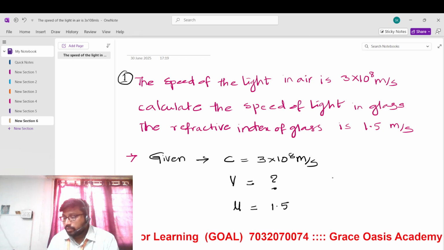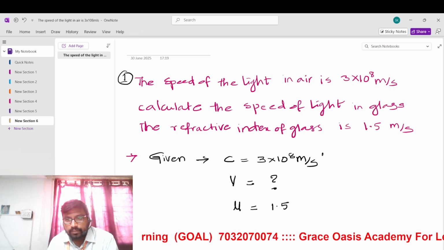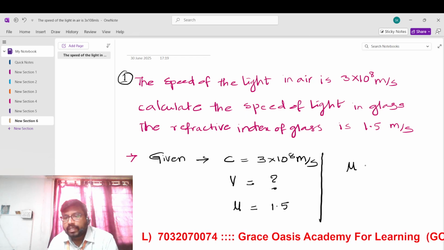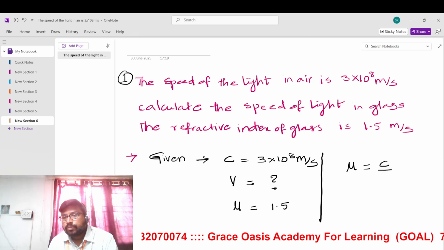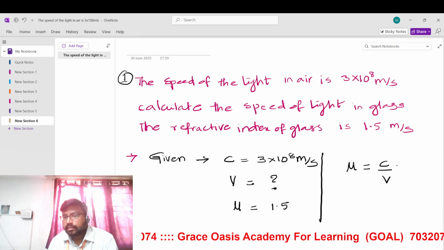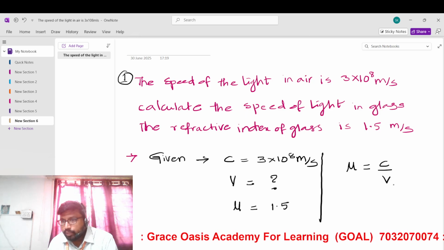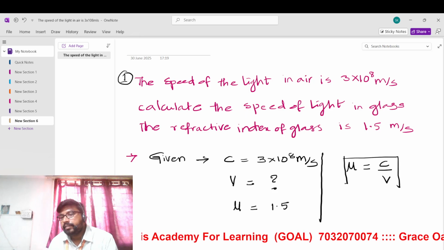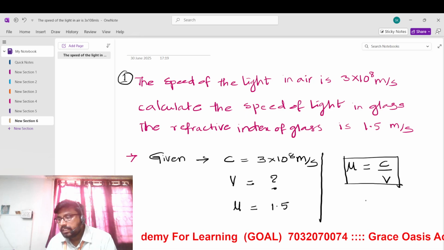So first of all, can you see the first formula? First formula is mu, refractive index, is equals to speed of light in air by speed of light in another medium. This is the formula. So initially we discussed mu equals to c by v.